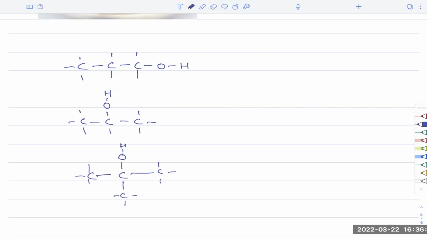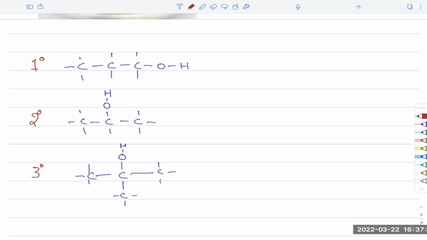So you can see that this one is primary because the carbon with the OH is attached to just one other carbon. So this is a primary alcohol. This one is a secondary alcohol because the carbon is attached to 2 carbons. And this one is a tertiary alcohol because the carbon is attached to 1, 2, and 3 other carbons. So that makes it a tertiary alcohol.